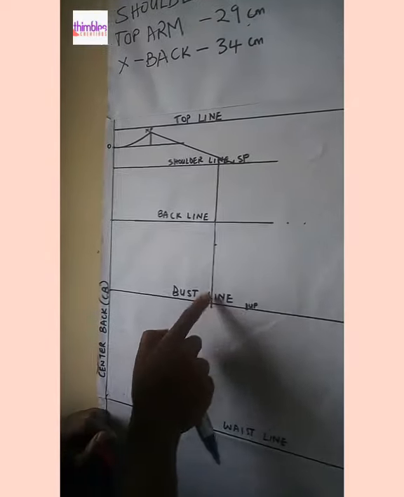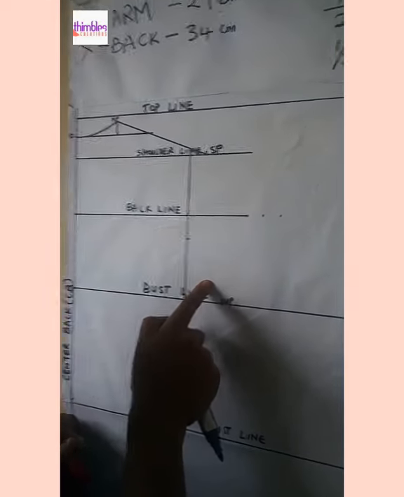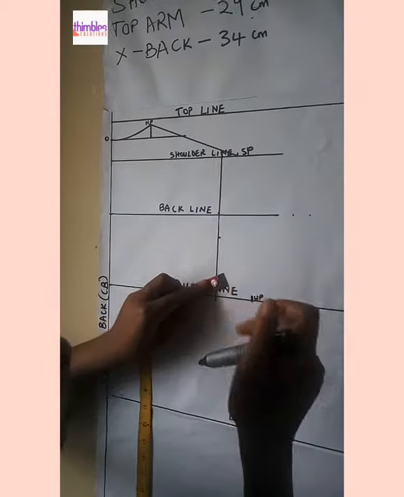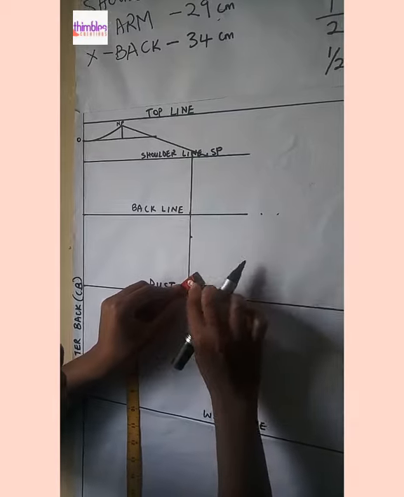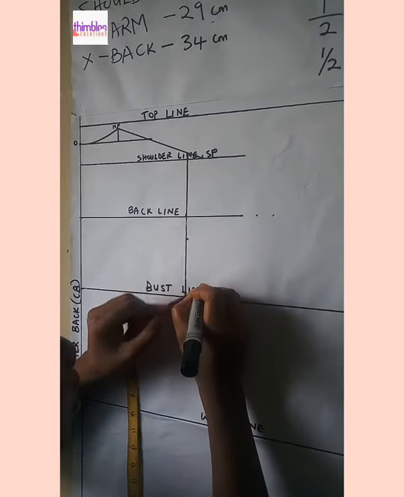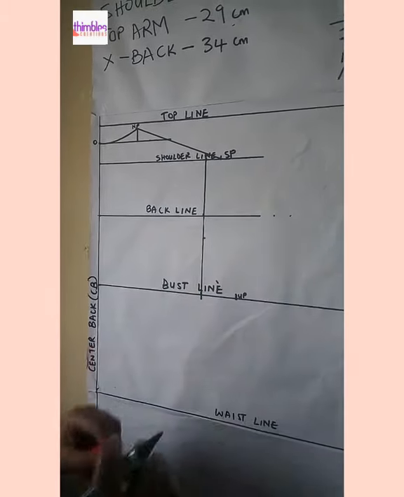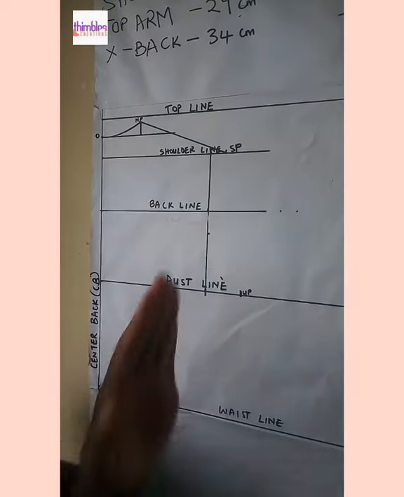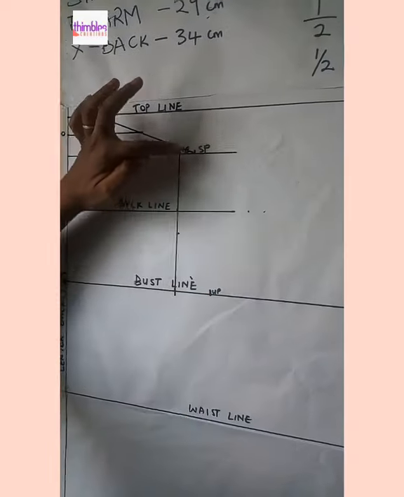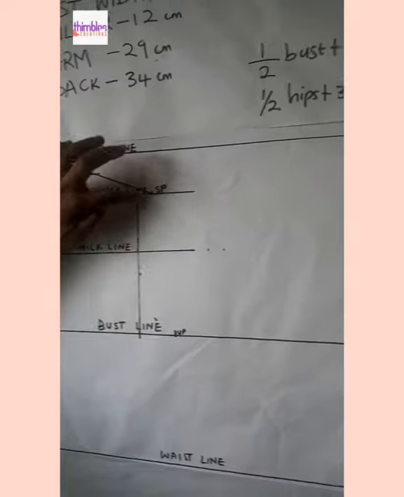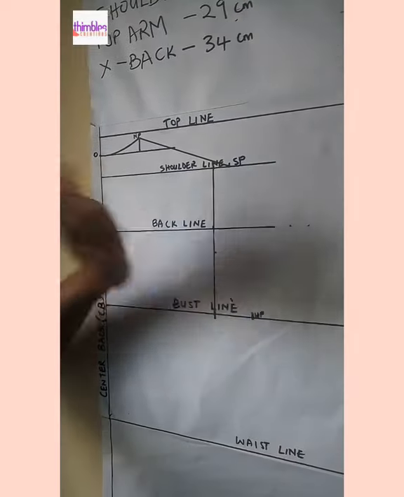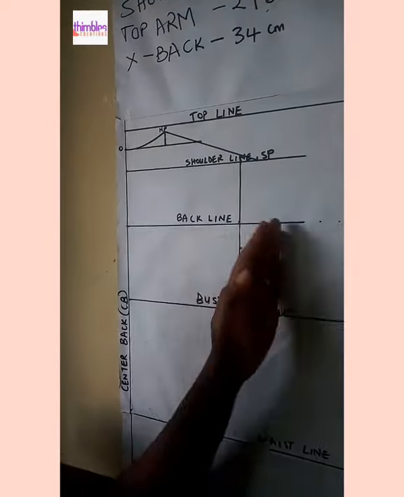So this makes my work a lot easier. I connect with my curve from here to here to here to here, and I'm done with my back armhole.